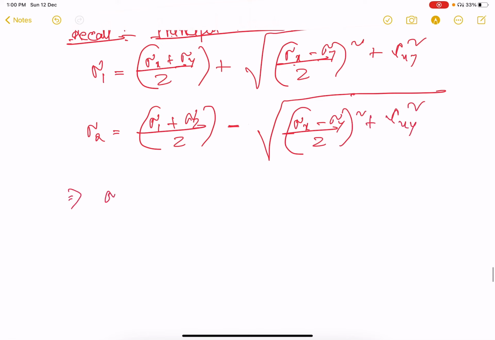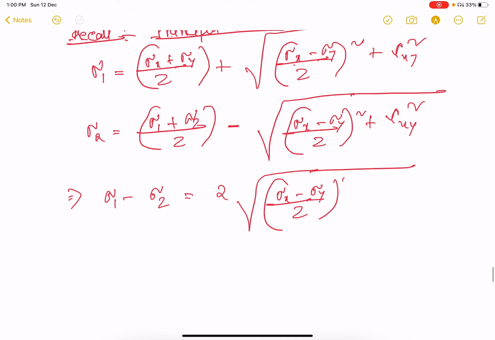If we take sigma 1 minus sigma 2, we get twice the root of sigma x minus sigma y divided by 2 whole square plus tau xy square.